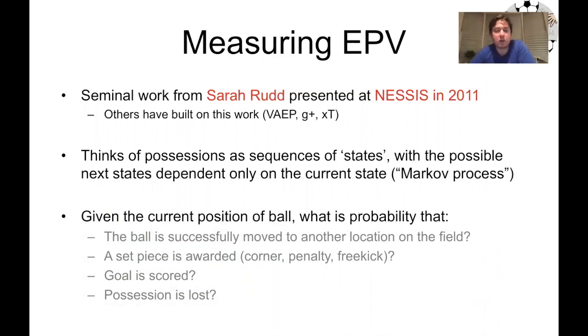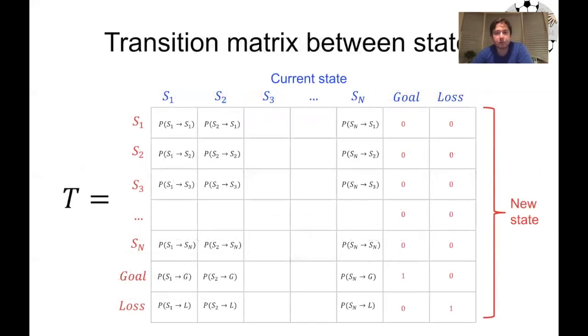And all this information is captured in something called the transition matrix, which tells you the probability of moving from one state into any of the others. In the transition matrix, you have this big 2D matrix where the columns define the current state. So you have state one, that could be one of the zones, all the way to state N, which could be a penalty. And then you have a goal and the loss, the two possession ending states.